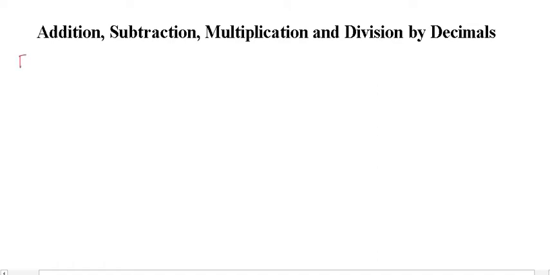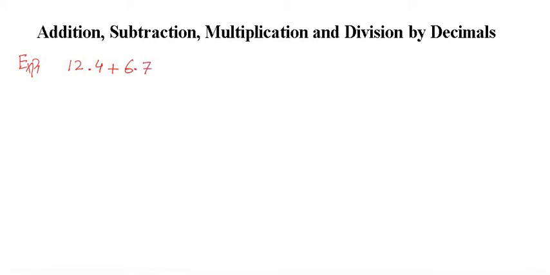For example, in example number 1, if I have two numbers like 12.4 plus 6.7, you can simplify either in the listing form or write in the tower form, the vertical.